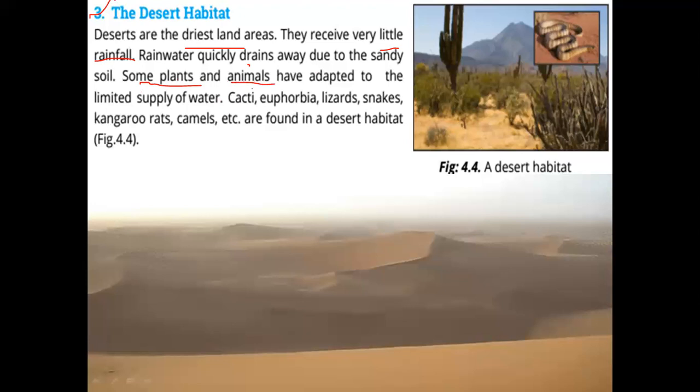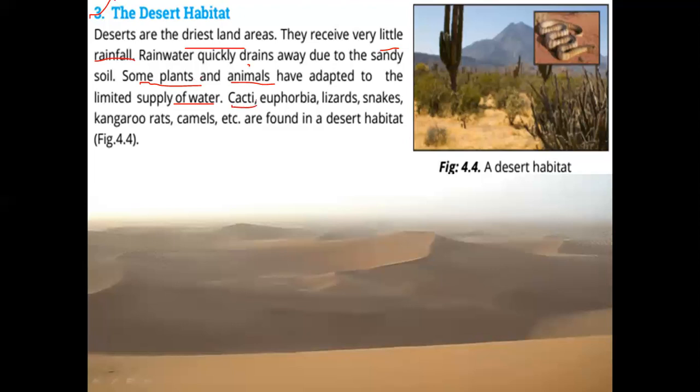Plants and animals have adapted to the limited supply of water, because no organism can live without water, but God has gifted them some characteristics by which they can survive in this limited supply of water. They store the water in their bodies, whether they are plants or animals.